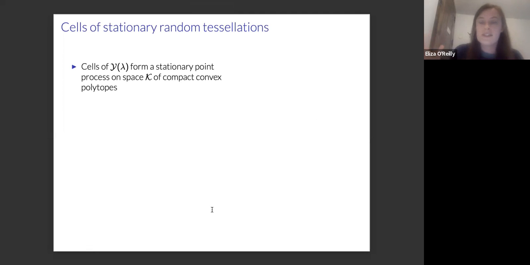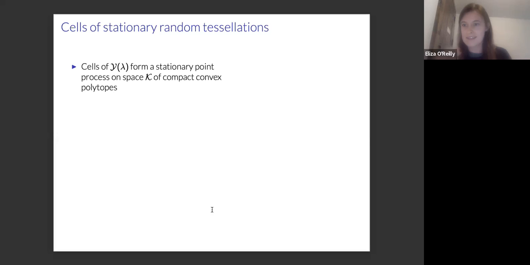So STIT tessellations are just one specific class of stationary random tessellations in stochastic geometry. And there are two important random polytopes that we associate to general stationary random tessellations. So far, we've been thinking about random tessellations as the union of the boundaries of the cells.